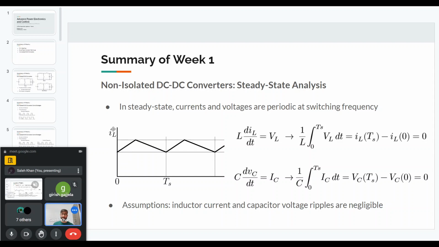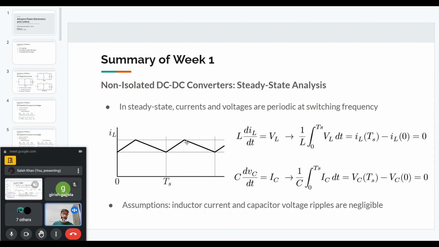So that means this inductor current is periodic at the switching frequency. If I take this peak current and go forward by Ts time, I will again reach the same point. That is what I mean by steady state. If a circuit has reached steady state, after one switching period it will take the same value.